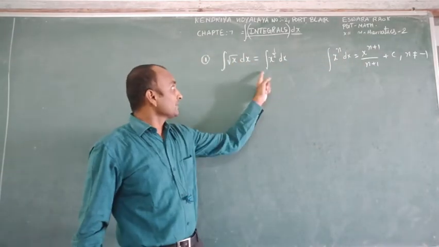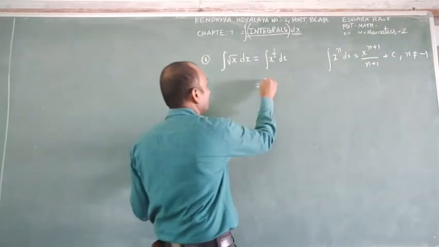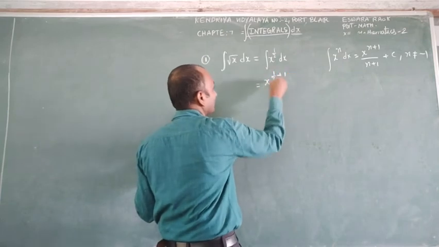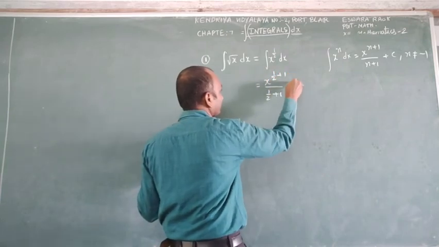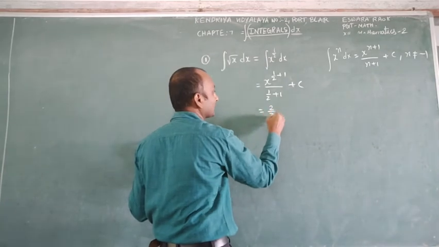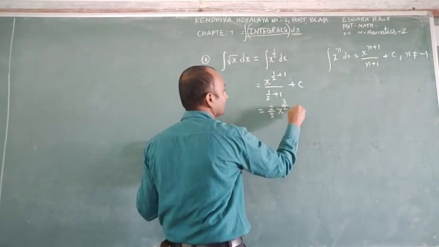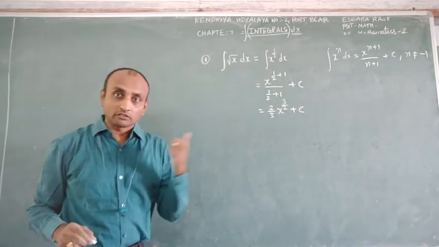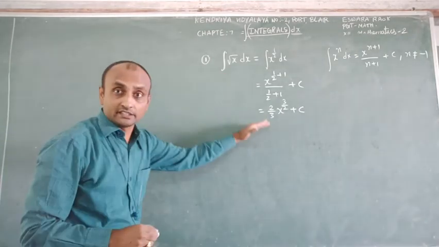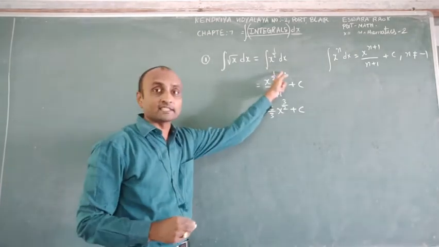That formula we can apply here, which is x power 1 by 2 plus 1 by 1 by 2 plus 1, which is 2 by 3 x power 3 by 2 plus c. If the question is like this, we can directly apply the formula after writing root x as x power 1 by 2.